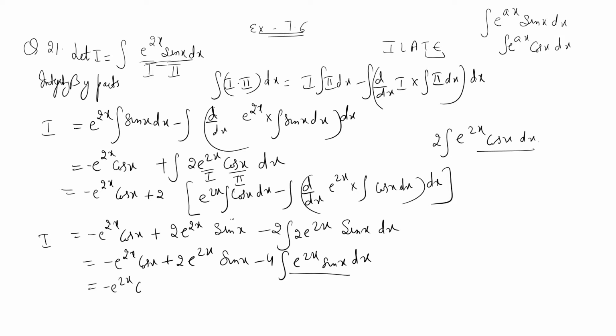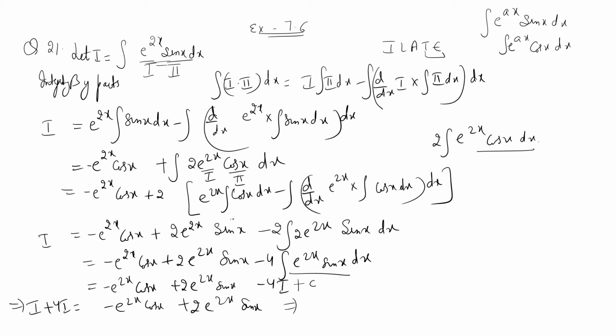I will write it as I, right? So this is your minus 4I. Now bring all the I's together, so this I will go to that side. I plus 4I is equal to minus e^2x cos x plus 2e^2x sin x, right? And plus c, as the integration has stopped now.